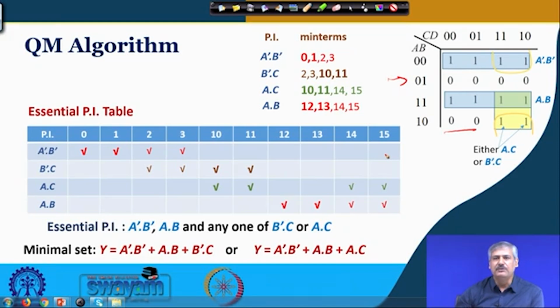Then we take the dual of it, which means AND becomes OR and OR becomes AND, and the inputs and outputs are complemented. F prime we have considered, so output becomes F, inputs just get complemented, and AND becomes OR and OR becomes AND, so we get the POS representation.